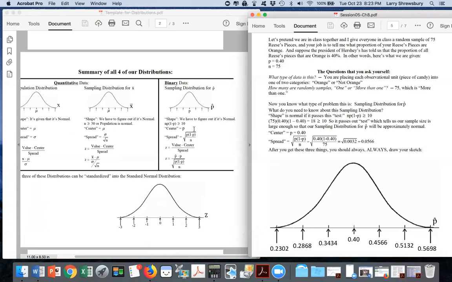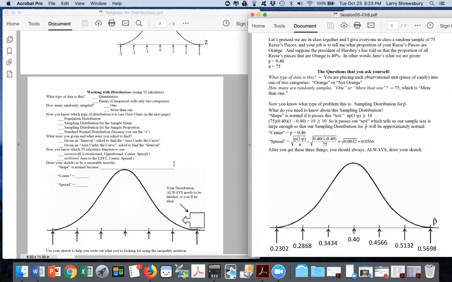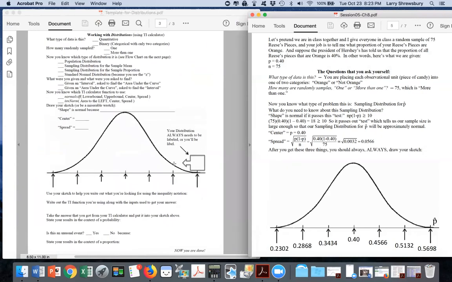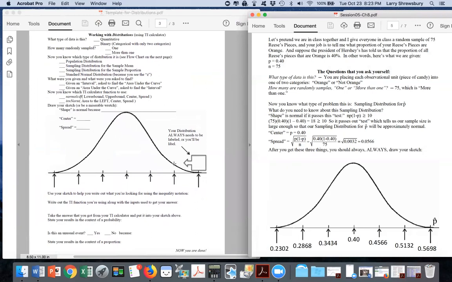Once we've got that, let's go ahead and fill this in like we've done with the others. So it's binary data. More than one was sampled, in fact 75 were. And it's a sampling distribution for the sample proportion. Our little flowchart told us that. That sample proportion we got is a point on the number line.